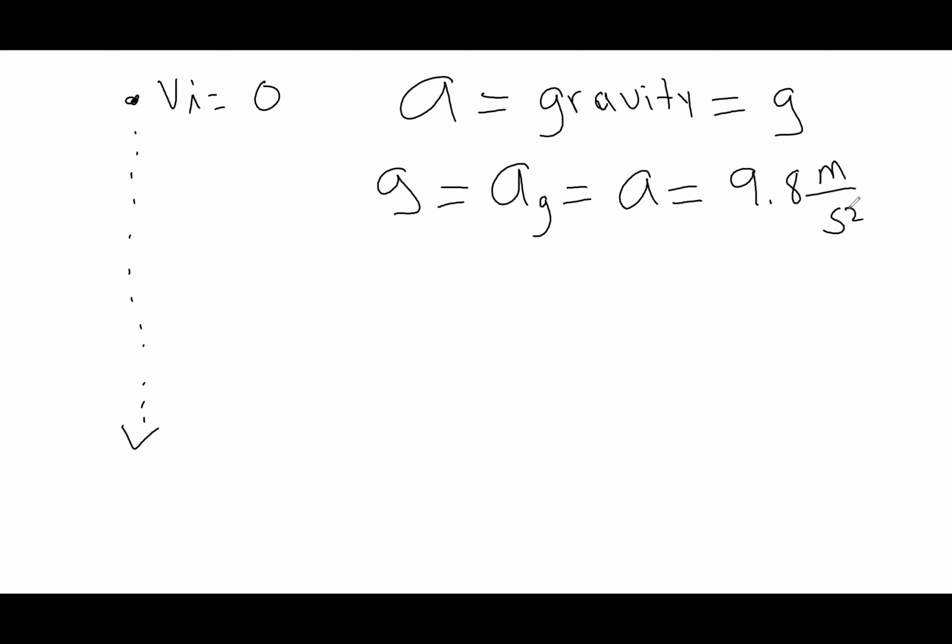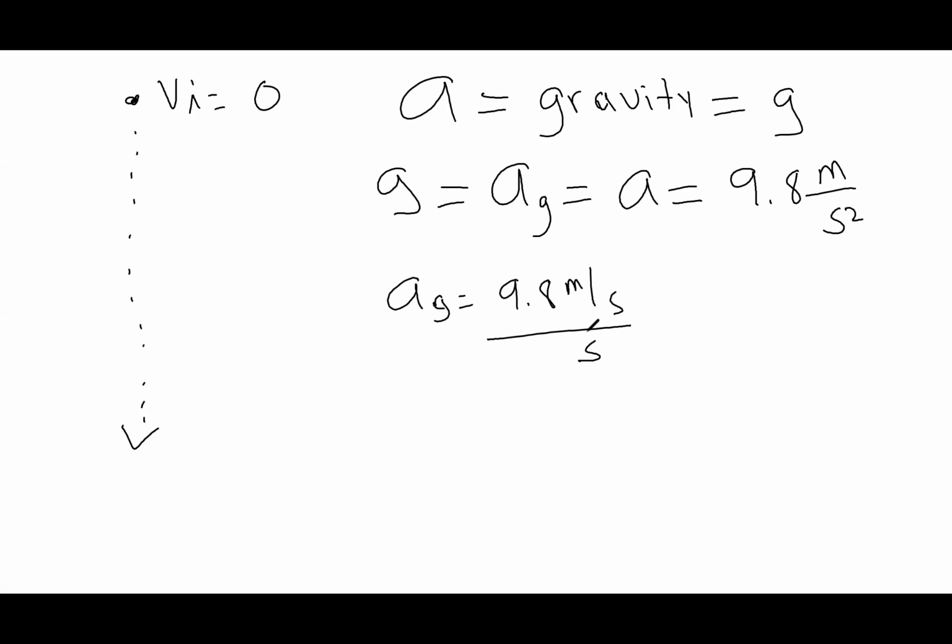That's the SI unit. What that means then, class, is that this object is at rest, but after 1 second has passed, it's accelerating downward at 9.8 meters per second every second.